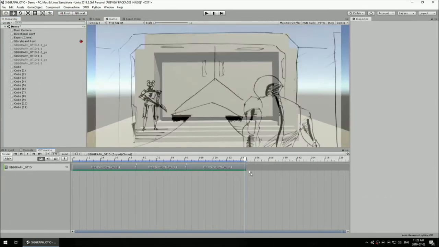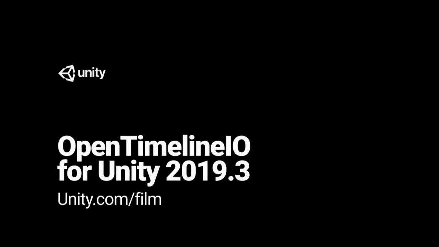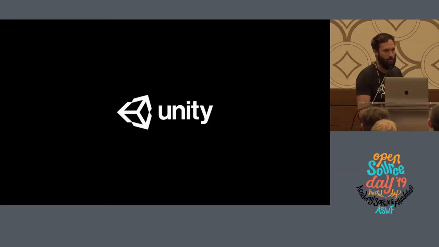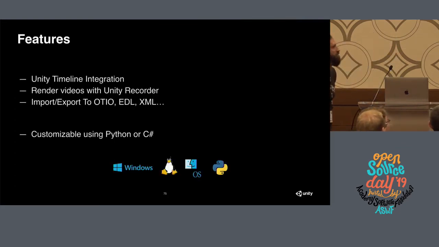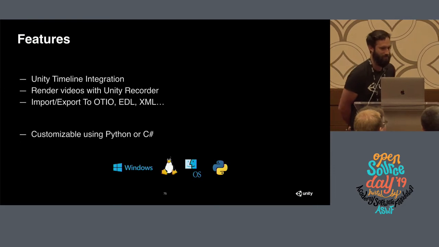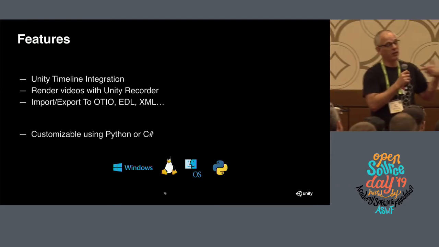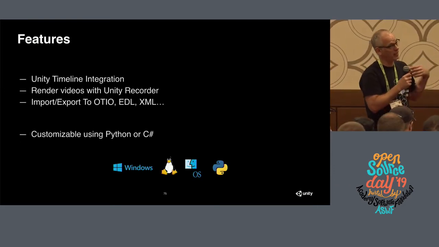So we've been working on that for the past few months. It's in private alpha, but we want it usable by anyone as soon as possible. Some of the features: we have the timeline integration, where the OTIO comes in and builds a Unity timeline.